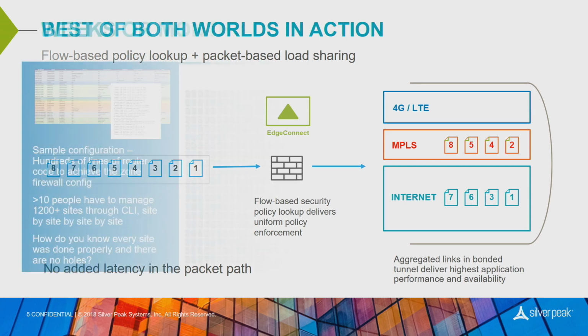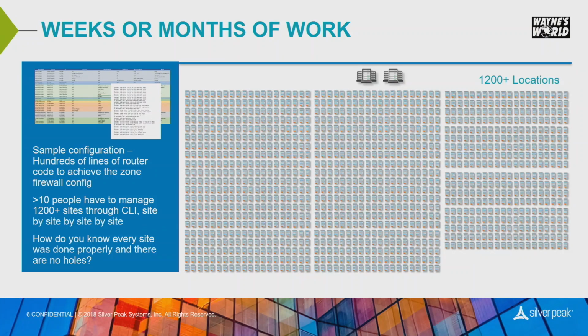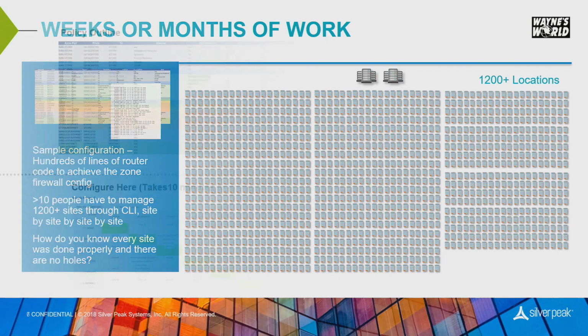So this is a bit of how we do it, and why does it matter? In Wayne's world, we had a customer that had hundreds and hundreds of access lists and rules, and they had more than 10 people managing their 1,200 site network. It takes weeks and months to even make any configuration changes. And of course, we know that it may not even be accurate, and there may be holes because it is still done manually on a per site basis.